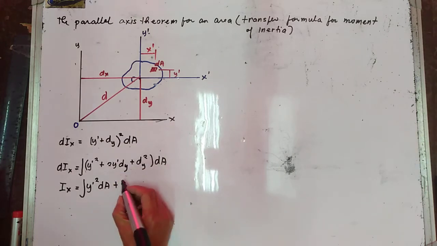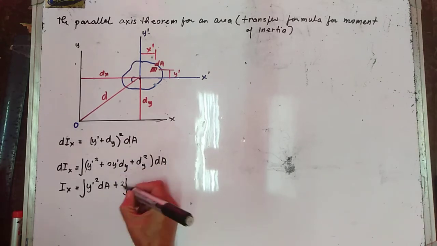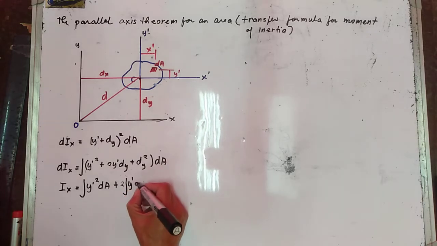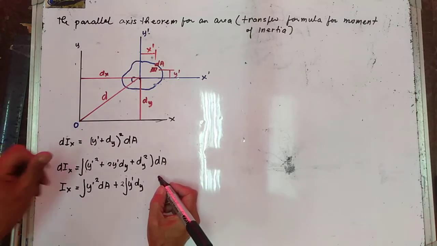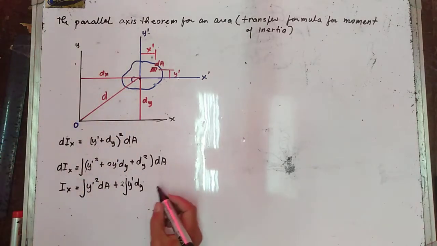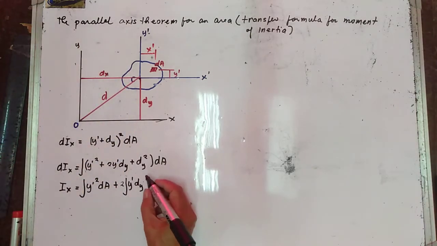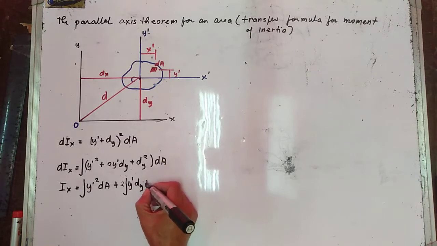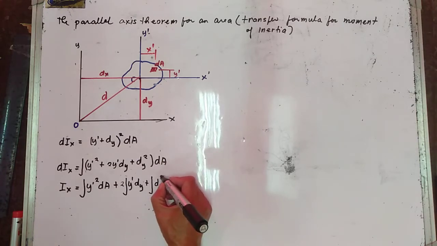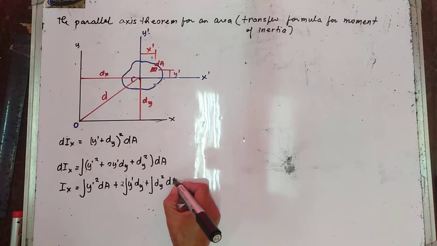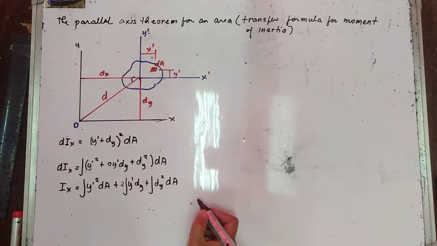So we now have 2 times the integral of y prime multiplied by the distance parallel to the y-axis, and then plus the integral of dy square multiplied by dA.